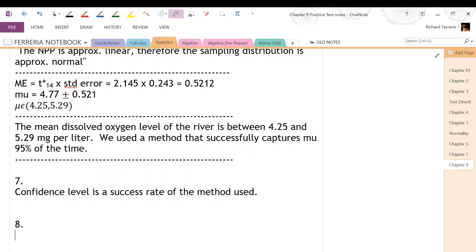So let's remember standard error here. Standard error here for us, this means sigma of p hat.